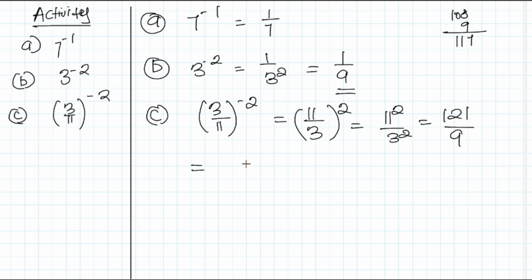So this answer will be 13, remainder 121 minus 117, so that will be 4. 13 remainder 4 over 9. So that is the simplest one.